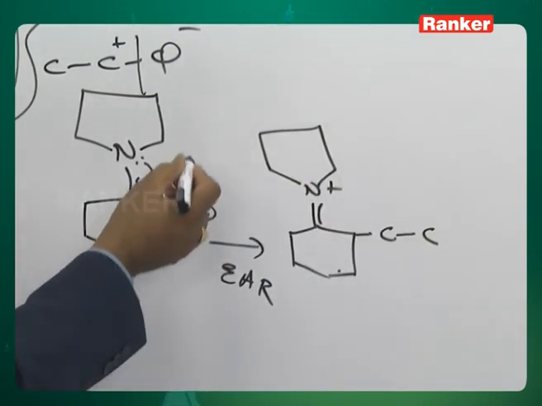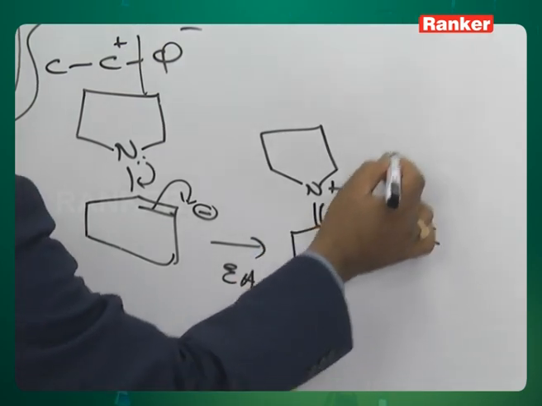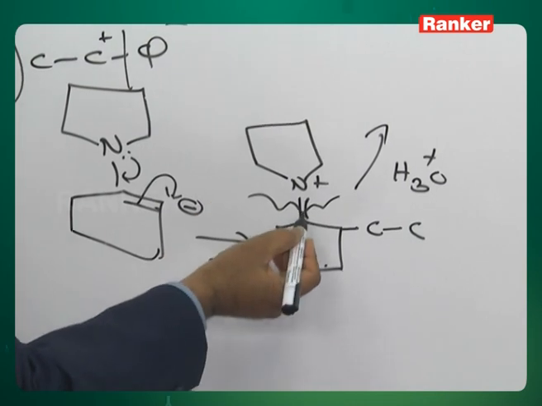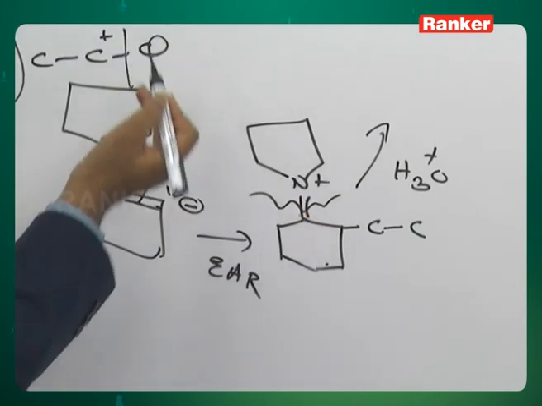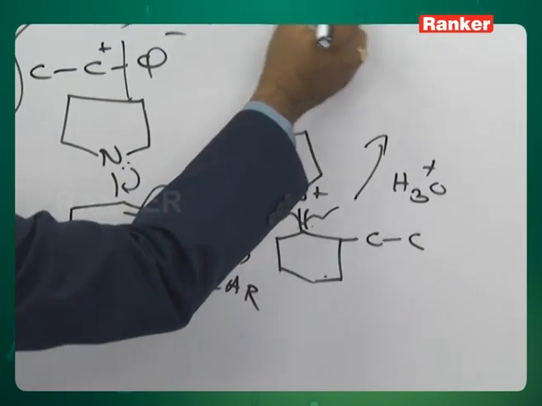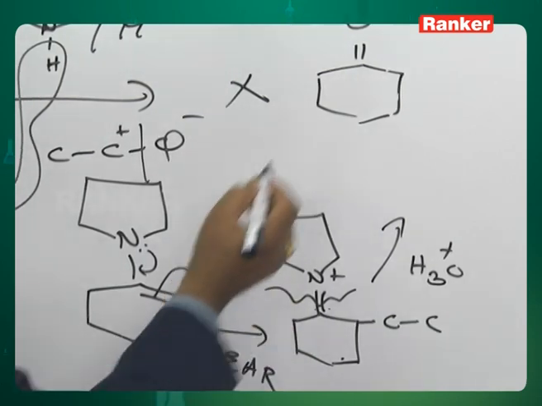With this X, elimination happens, so you will get a double bond here. On hydrolysis, 2 OHs and 2 Hs, that will become the 2-degree amine, but 2 OHs eliminate and you will get a ketone back. See, a ketone is again formed, but with this alkylation.